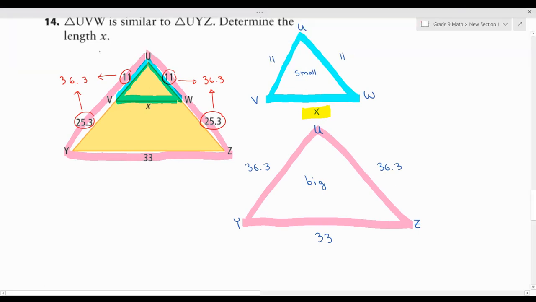To solve this, I'm going to go small, comparing it to the big. The reason I put small on top is that I'm trying to solve for that x and all corresponding sides. So this side x is compared to this 33. Those would be my yellow sides. So x compared to 33.